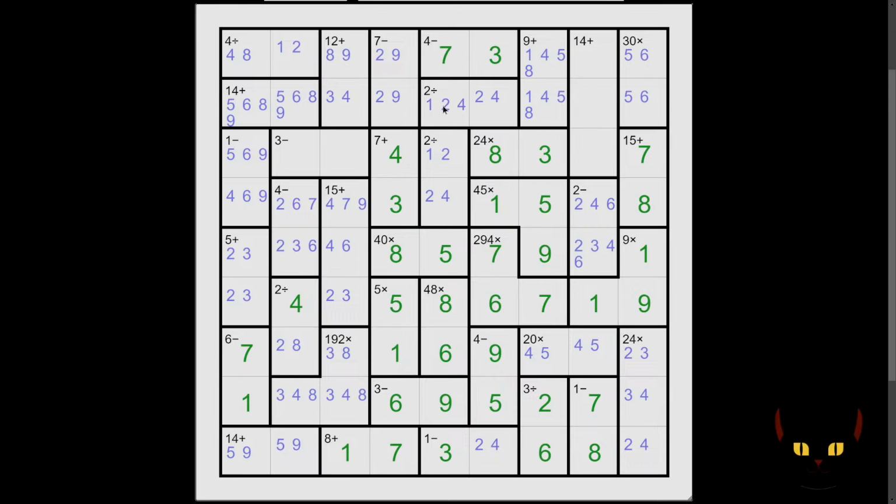So let's see. But that doesn't change because that 2 can also use this one. Let's see, now that I have this 5, so 5 minus 5, 6, 4, so let's see.